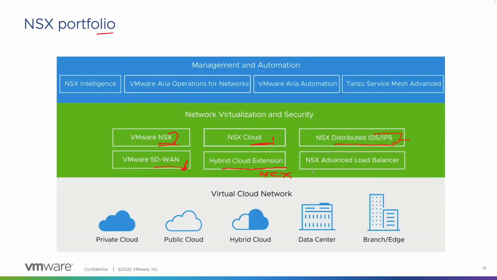This is a tool to help you migrate your workloads from your data center to the cloud, or from the cloud to the data center. And we also have the load balancer, which we also call ALB, the advanced load balancer. So we have 6 products under the NSX portfolio.